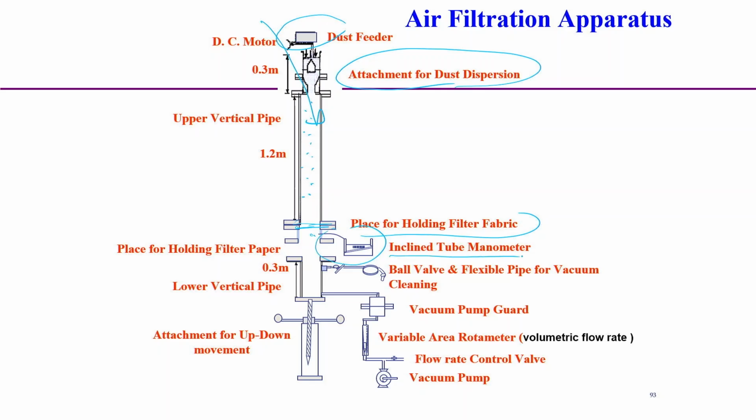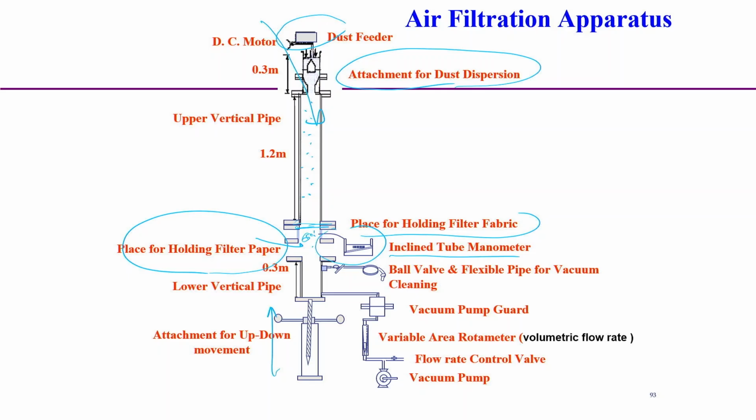Using the inclined tube manometer, we get the indication of the pressure drop across the filter. This is the up and down arrangement, and here we place the filter paper, which collects whatever particles pass through the filter fabric; they get deposited on the filter paper.